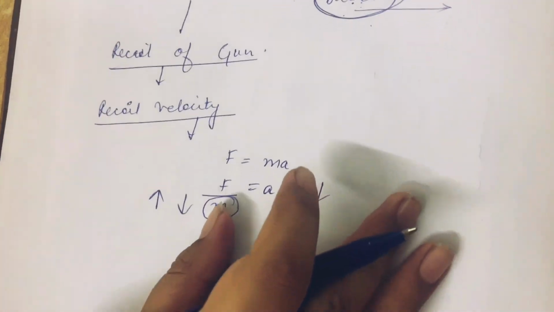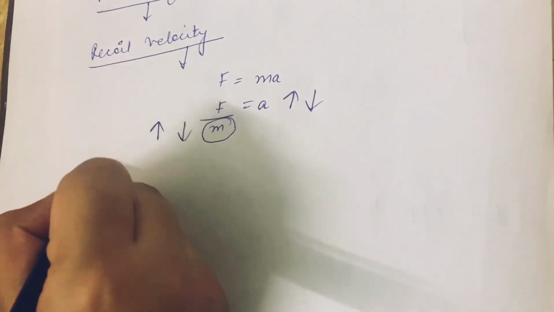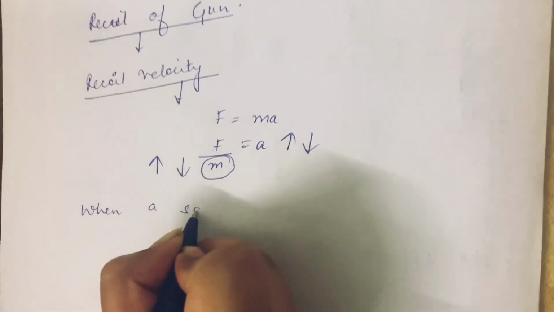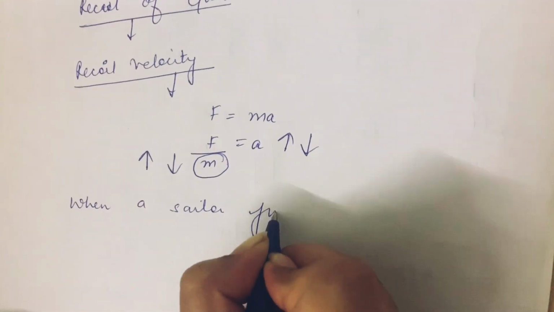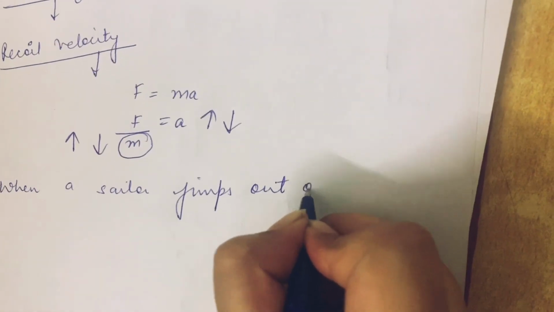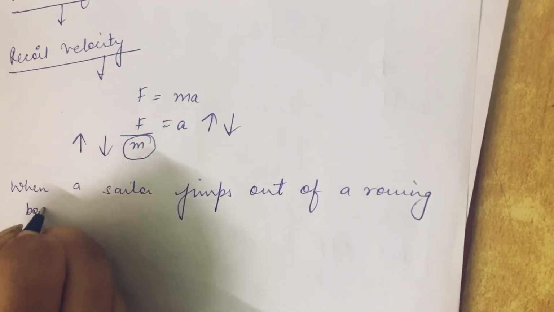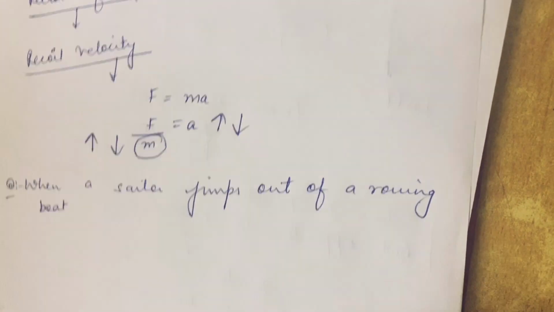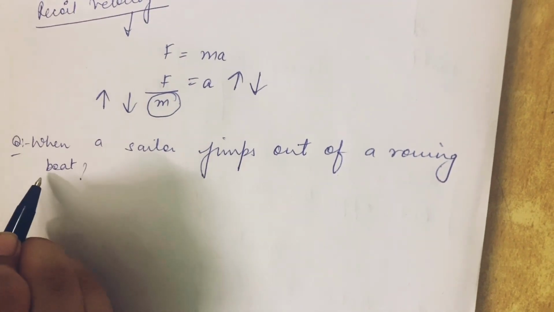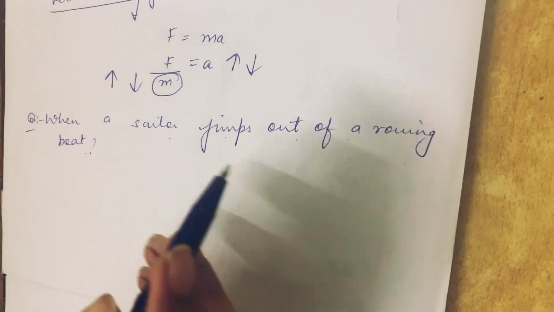Another example you can illustrate is what happens when a sailor jumps out of a rowing boat. So you think, what happens when this happens? If a sailor jumps out of a rowing boat, what will happen?